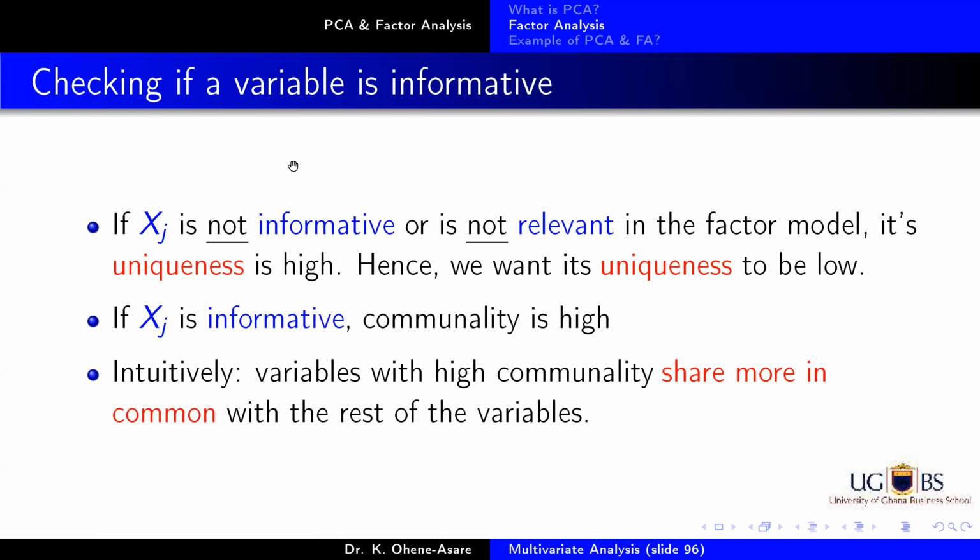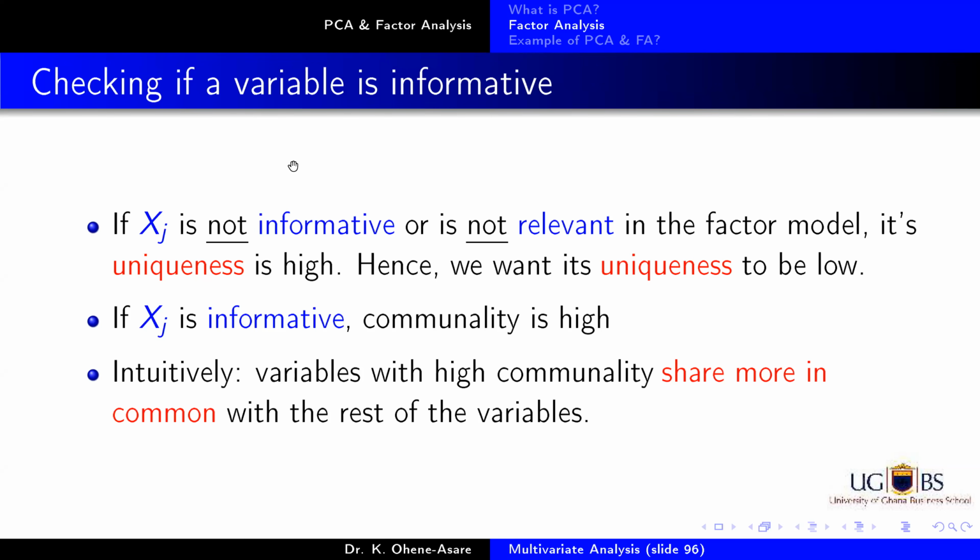Okay, so intuitively, variables with high communality will share more with other variables. They will have something in common they will share with other variables. Such variables, we say they have high communality, or they are relevant, or they are informative. Take note.